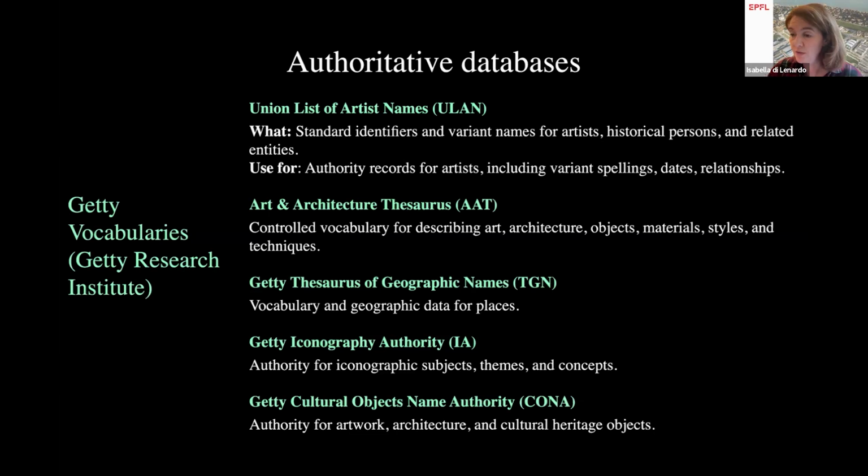Today we just see that they are more interesting in the case of art historical data sets, but there are a lot of other types. For example, place names, and not only contemporary place names, but also place names in antiquity.